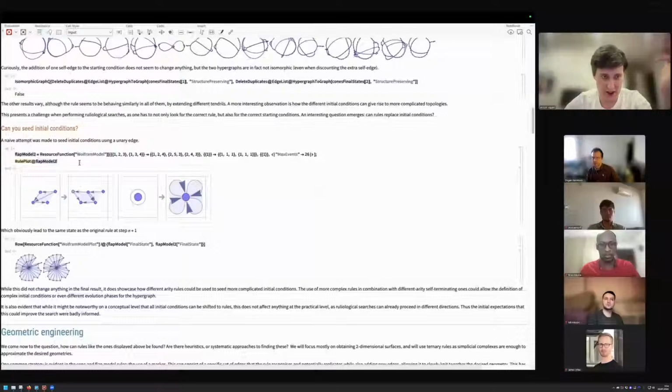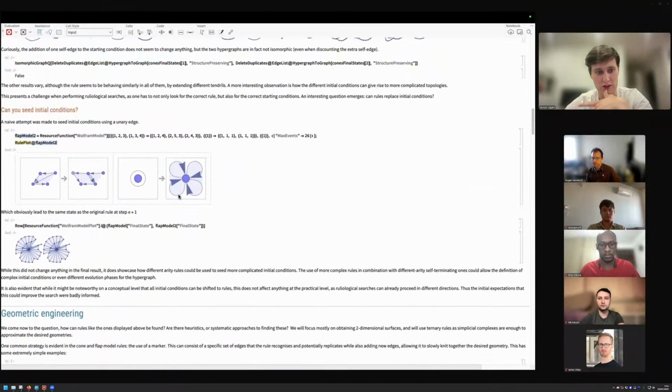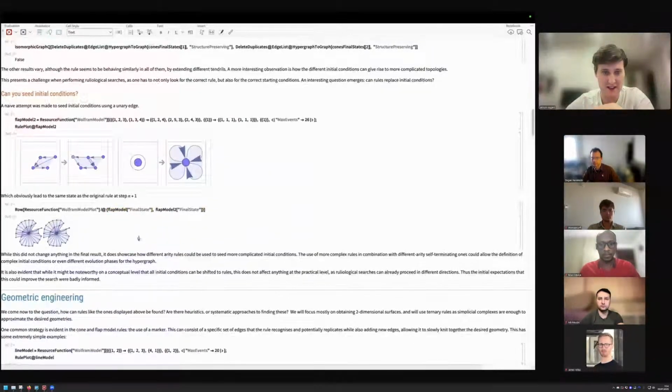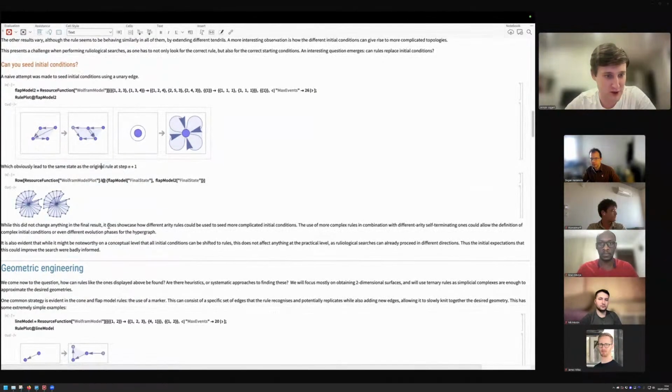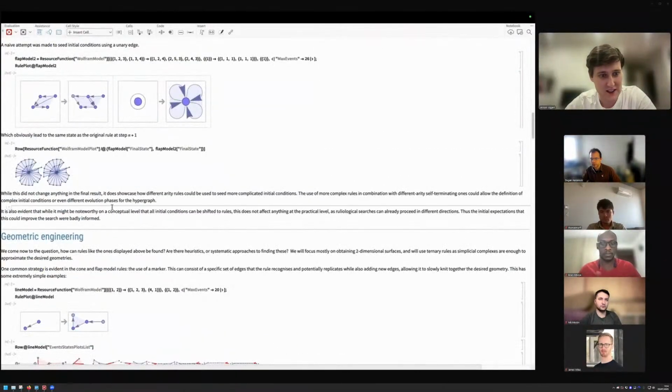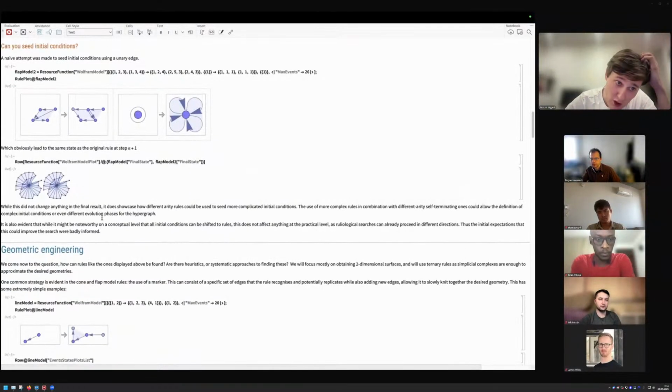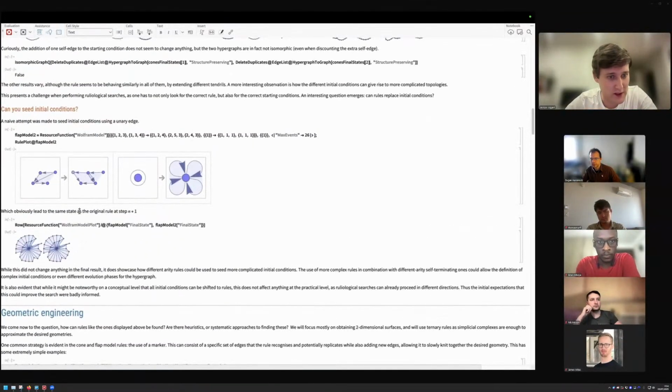With this naive attempt of adding an extra rule that seeds the initial condition, yes, it achieves that goal, but I didn't find it too useful, because it goes in so many different directions that I'm not really reducing the complexity of the problem in any way. I'm just moving it to an additional rule. So it didn't lead anywhere, although it could be interesting if someone explored this more.